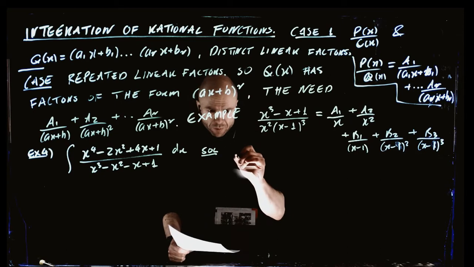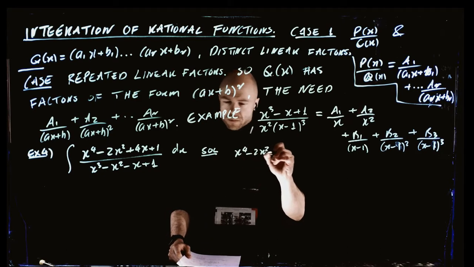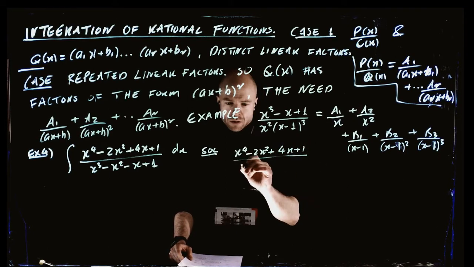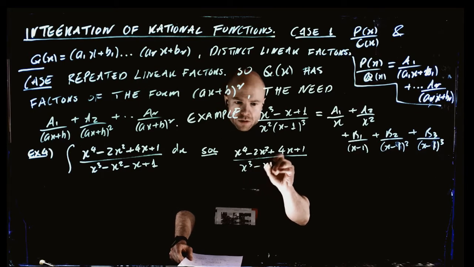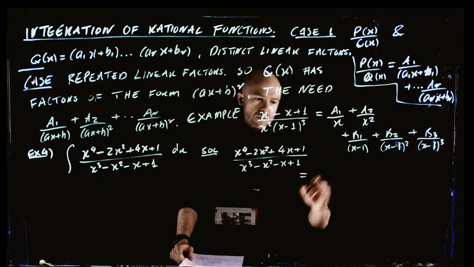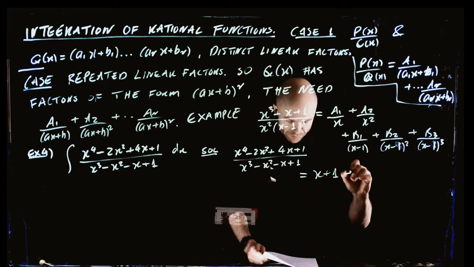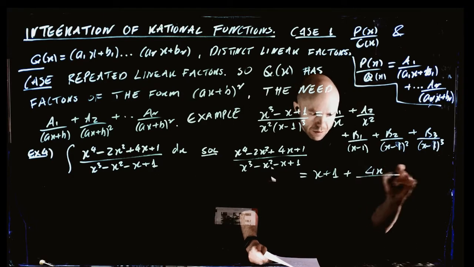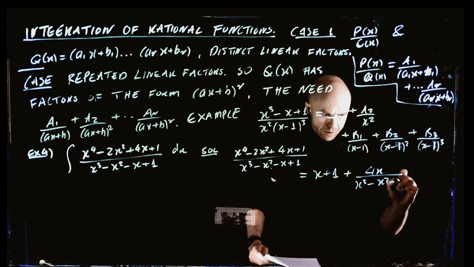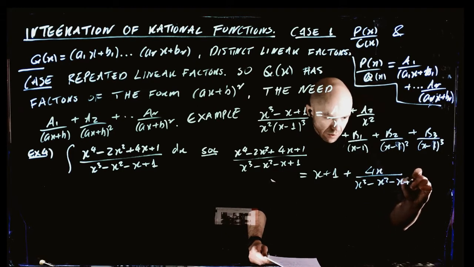So by polynomial long division, this thing, if you carry it out, turns out to be x plus 1 plus 4x over x to the 3 minus x squared minus x plus 1.